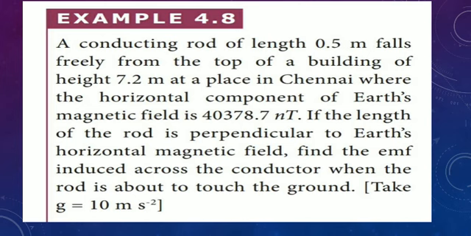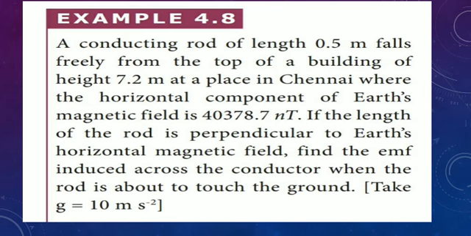See the example problem 4.8. A conducting rod of length 0.5 meter falls freely from the top of a building of height 7.2 meter at a place in Chennai where the horizontal component of Earth's magnetic field is 40378.7 nano Tesla.